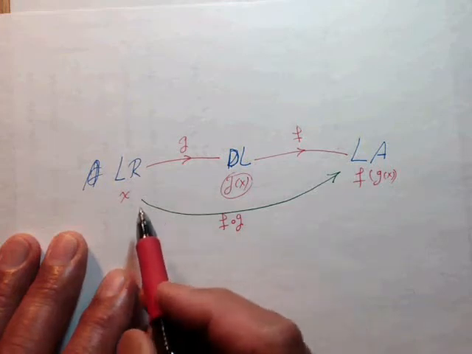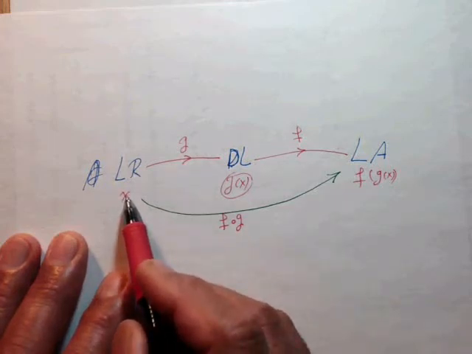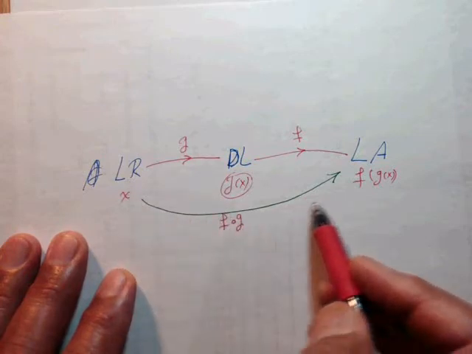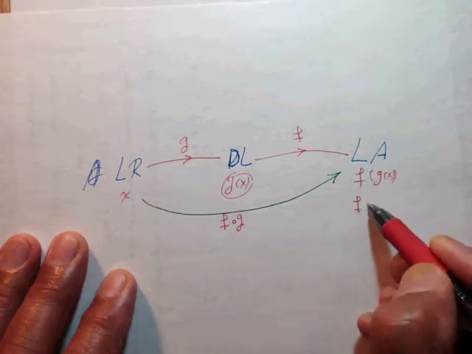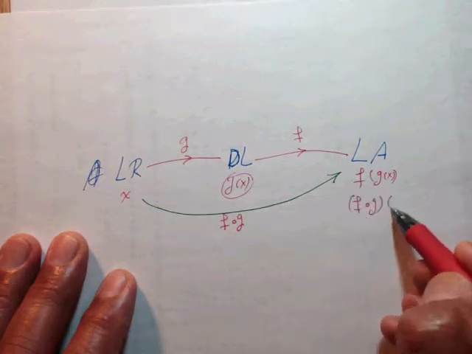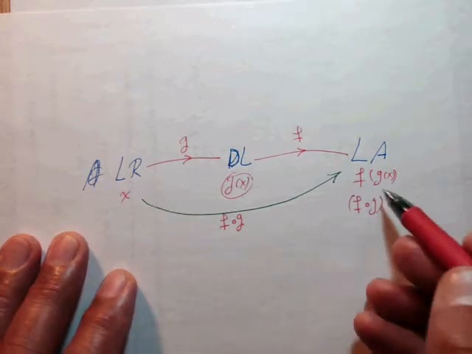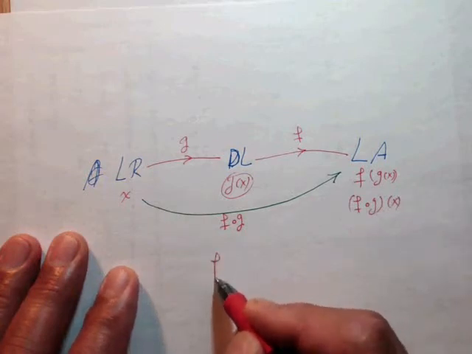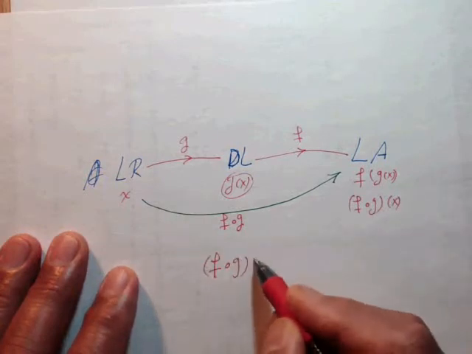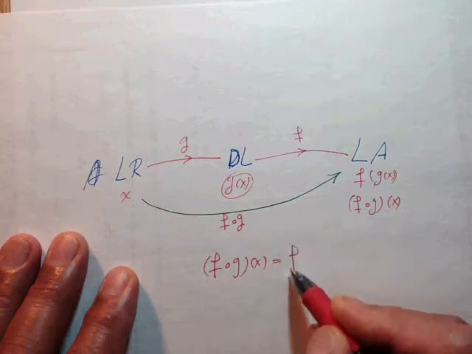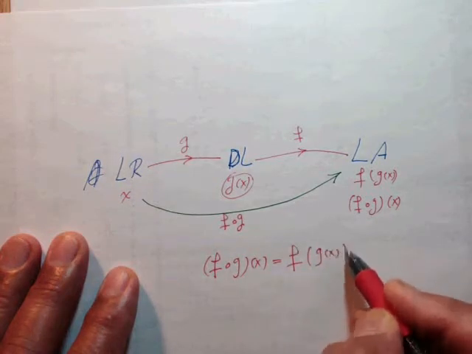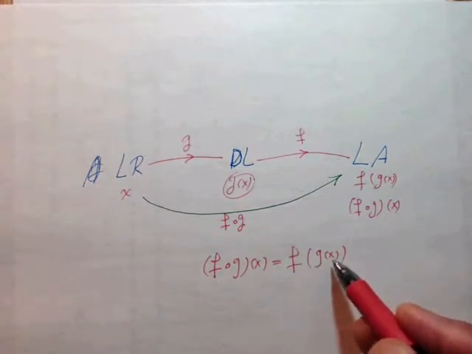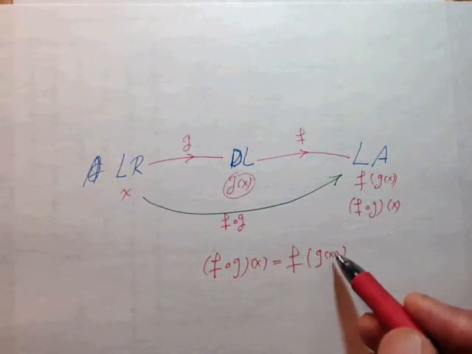Therefore, if this is X in Little Rock and you take this flight, this company F circle G, then you will be in Los Angeles, so you would be F circle G at X. But because this is you in Los Angeles either way, these two must be equal. So F circle G at X is the same thing as F of G of X. F of G of X means in F, replace all the X's by G of X.